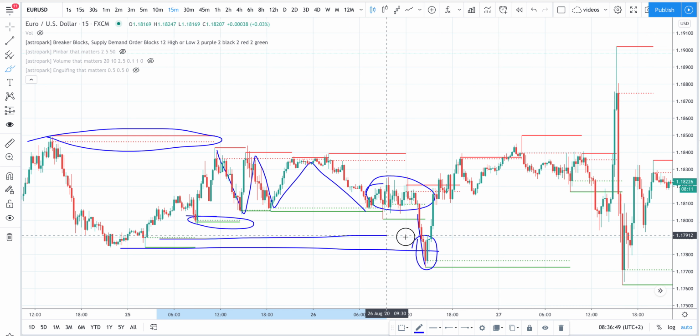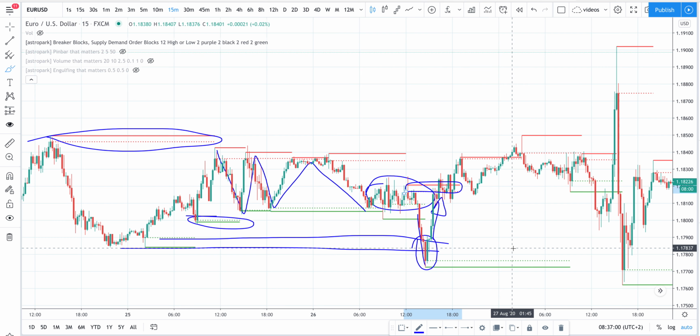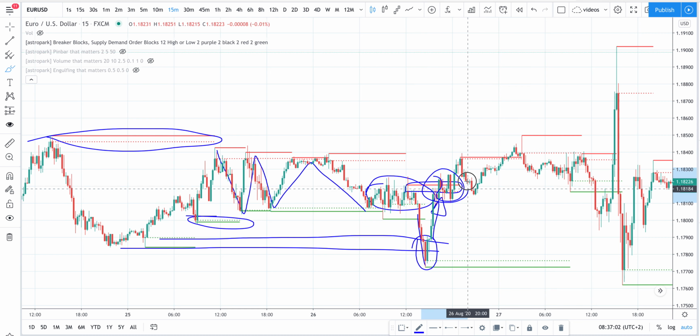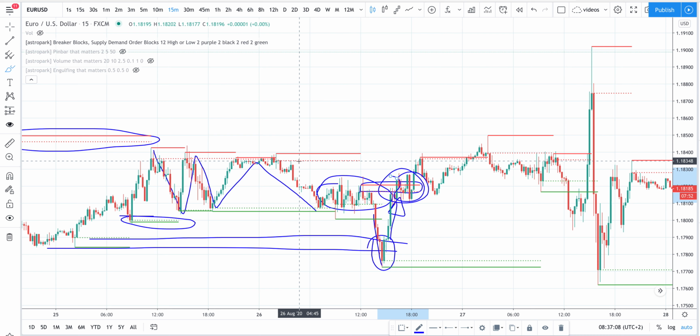So somehow this demand worked and the price jumped up again. So your target in this case can be this supply. Again, a consolidation. You see here another consolidation and price breakout, stopping here at this supply where you short.